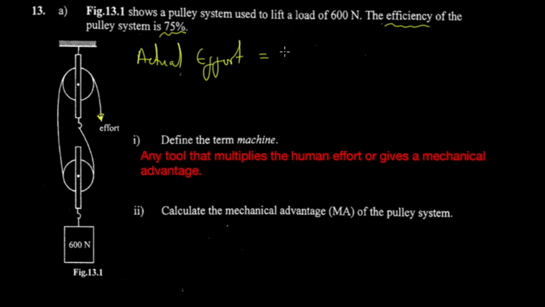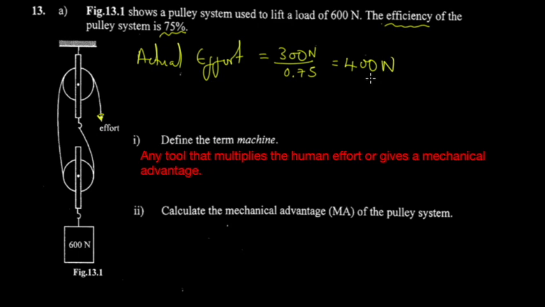But then the actual effort is equal to 300 Newtons divided by 0.75, which is the efficiency. So 300 divided by 0.75, you actually get 400 Newtons.